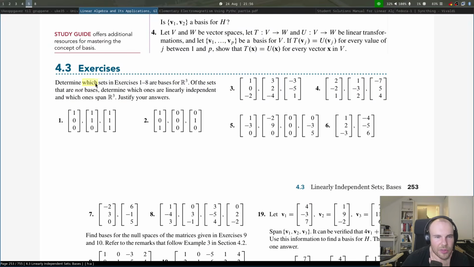Okay, determine if they are bases for our R3, and which are not, and which ones are linearly dependent or span R3. You can just add them together into one matrix, all three of these. And if you get a pivot for all of them, then of course they will form a basis and span R3.